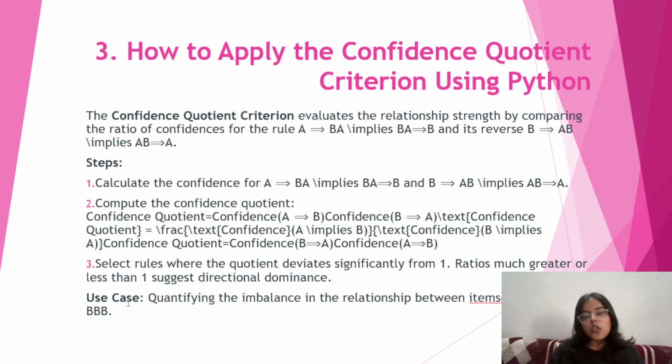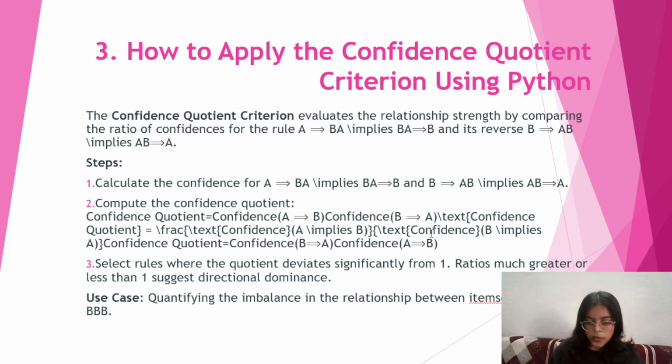Third is how to apply the confidence quotient criterion using Python. The confidence quotient criterion evaluates the relationship strength by comparing the ratio of confidence for the rule A implies B, to the reverse, B implies A. For this, steps include: calculate the confidence, then compute the confidence quotient.